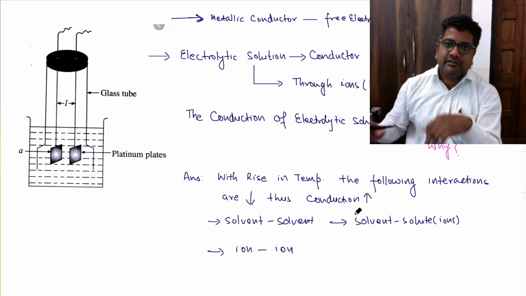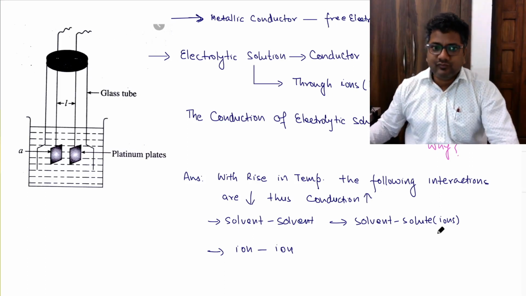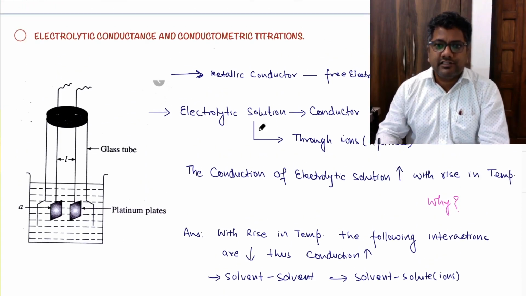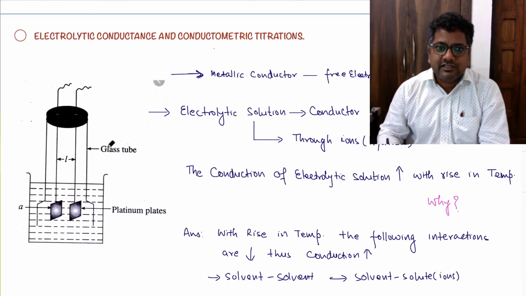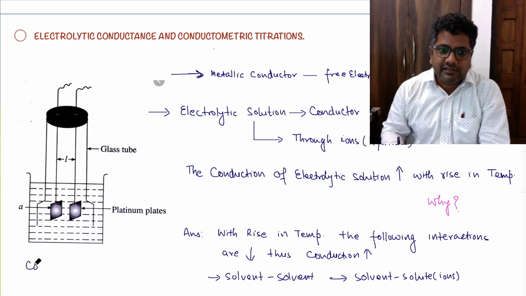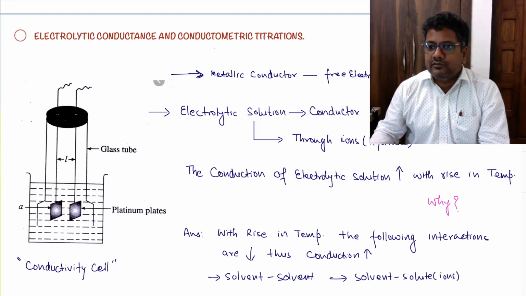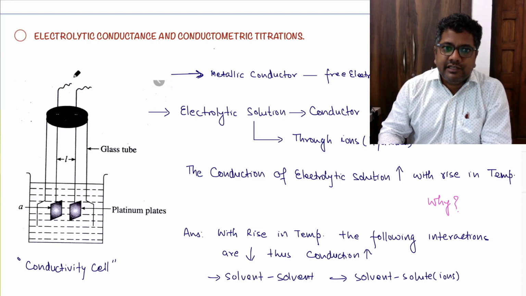The cell which is used in the measurement of electrolytic conductance of a solution is called a conductivity cell. And we are using AC current here.